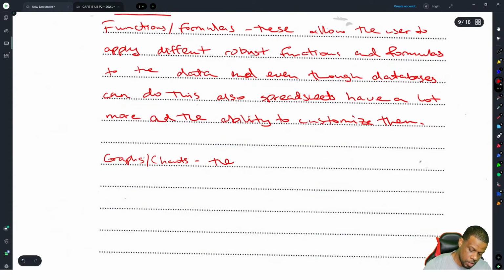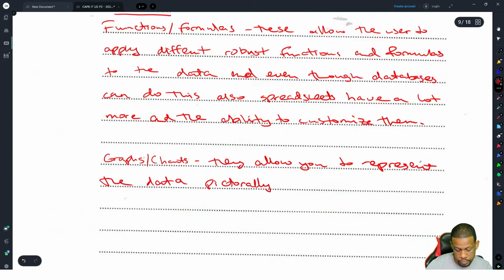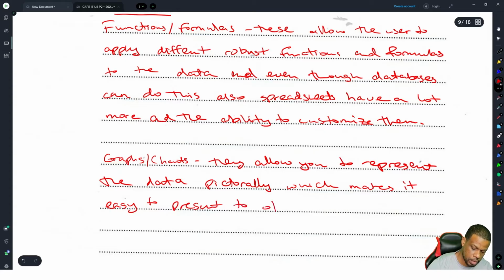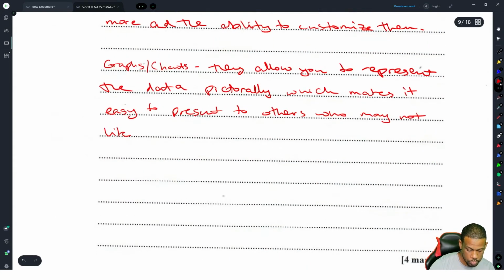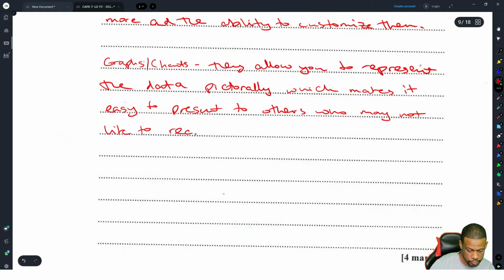They allow you to represent the data pictorially, which makes it easy to present to others who may not like to read reports or large data sets.